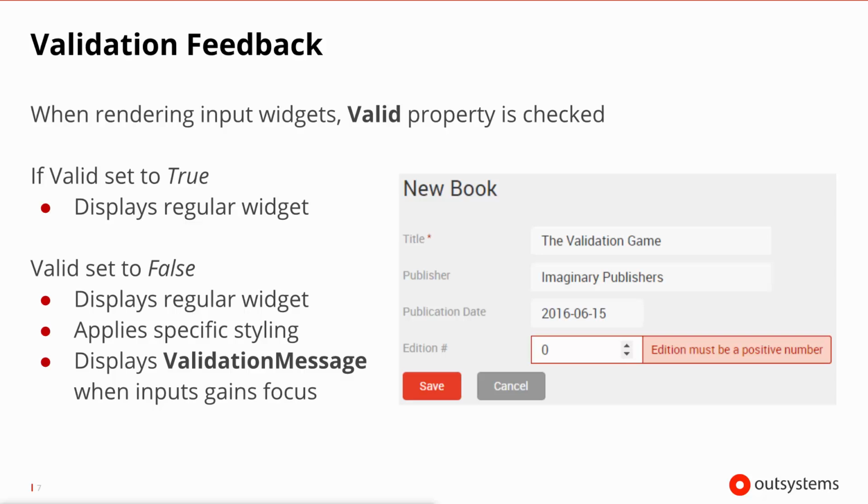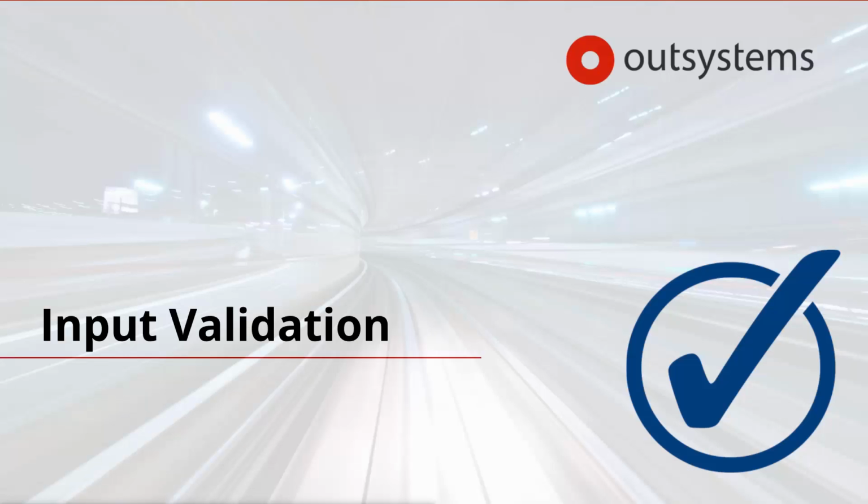However, if the valid is set to false, then the screen displays the regular widget but applies a specific styling and displays the validation message as soon as the focus is moved to the input. On our screenshot, we can see the effect that it has on the edition number input, our validation message having been set to "Edition must be a positive number."